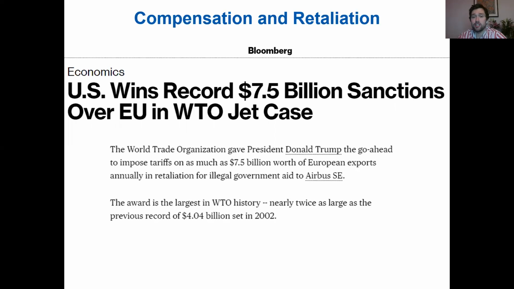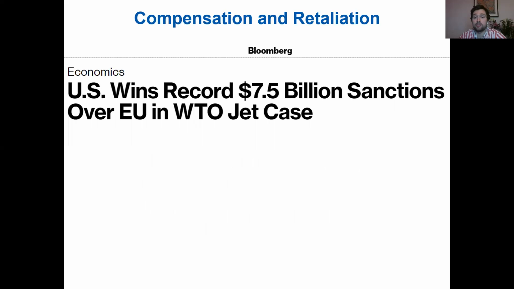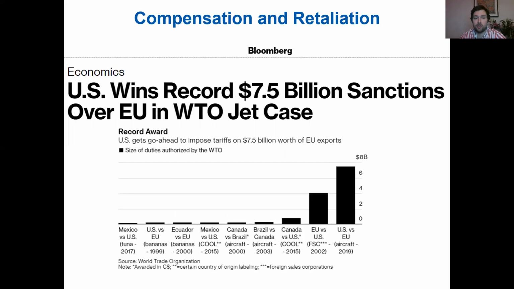The World Trade Organization gave President Trump the go-ahead to impose tariffs on as much as 7.5 billion worth of the European exports annually in retaliation for illegal government aid to Airbus. And then Bloomberg gives us their analysis of the record awards in sense of those tariffs which can be implemented as response to the violation.